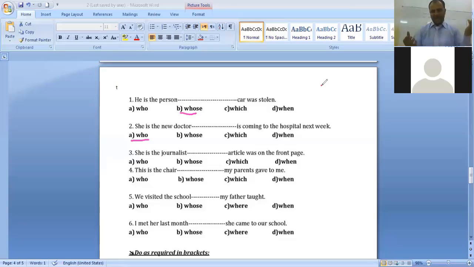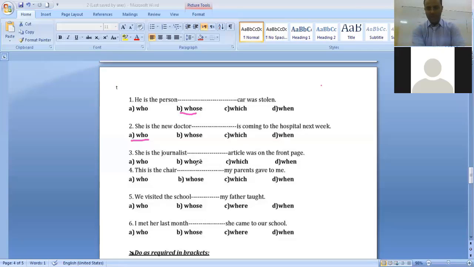An article is something that belongs to the journalist. I'm talking about the article, not the journalist. So the right answer is what? Yes. Which one? Number 3.